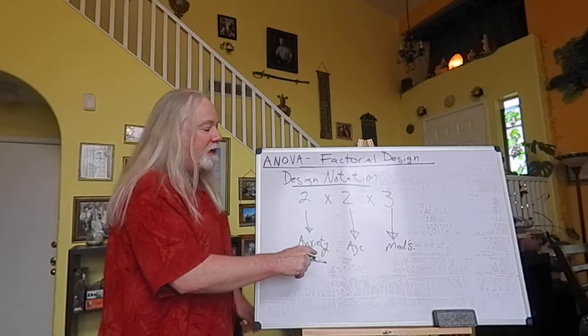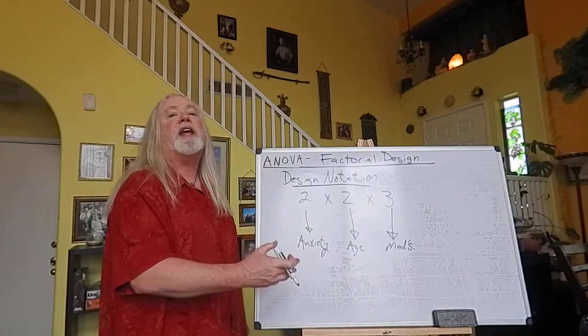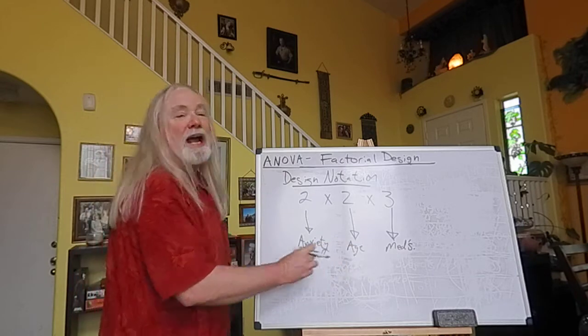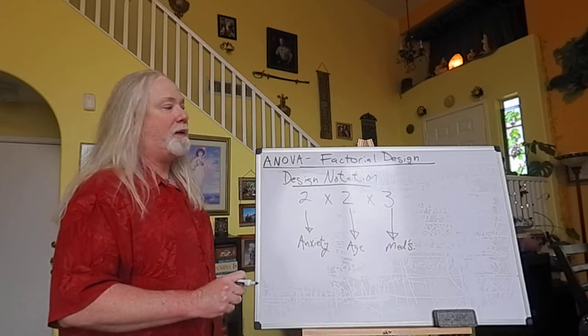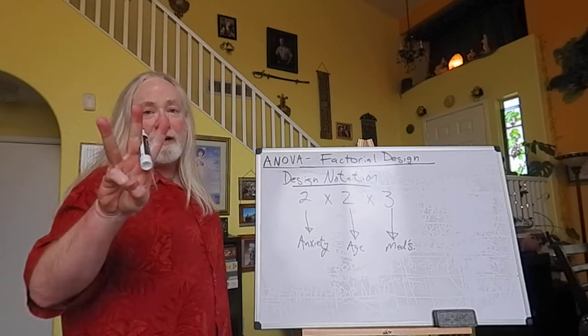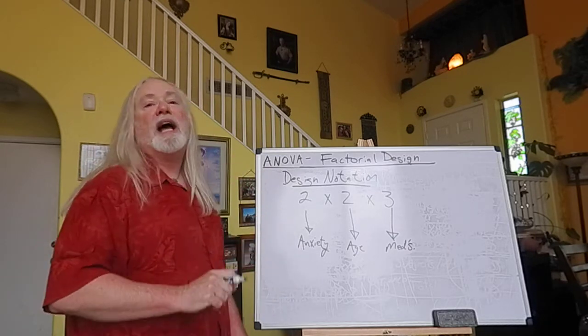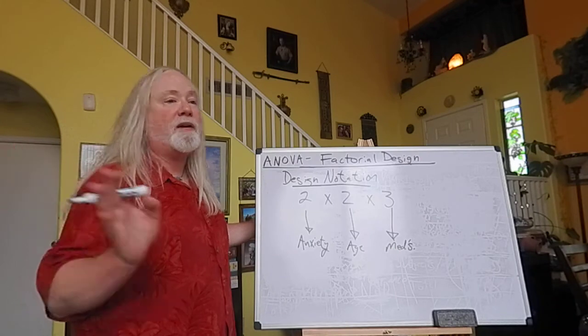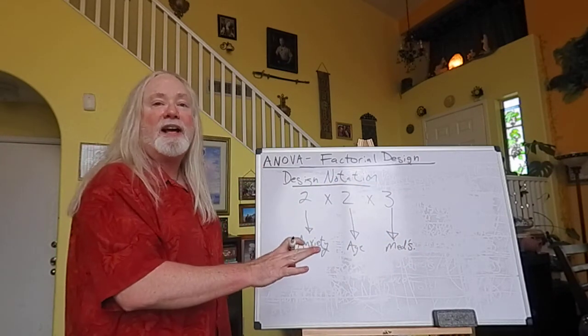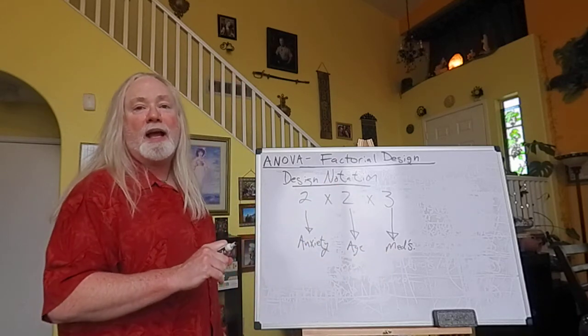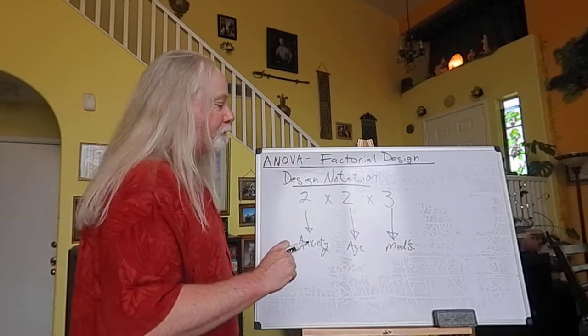So how does your anxiety status impact the outcome? Your age, how does that impact it? And your medications, how does that impact it? So there would be 3 main effects. What impact does anxiety all on its own have on the dependent variable without thinking about those others at all? And then age as a main effect, and then meds as a main effect.